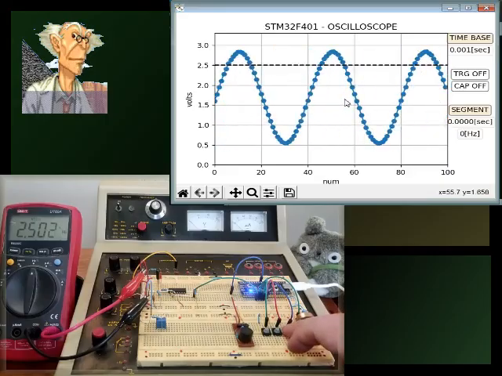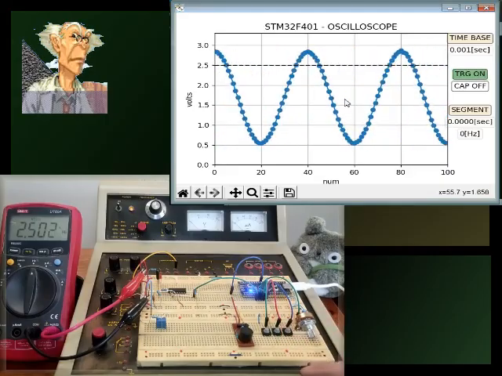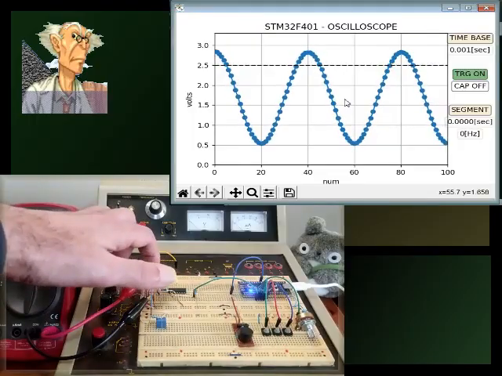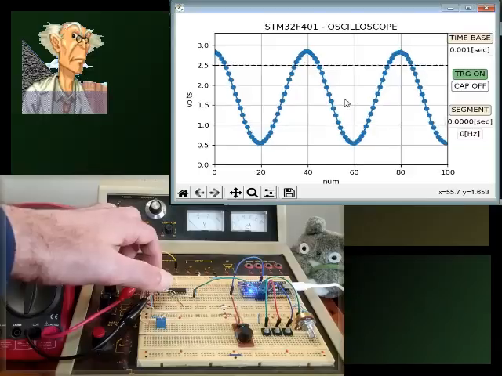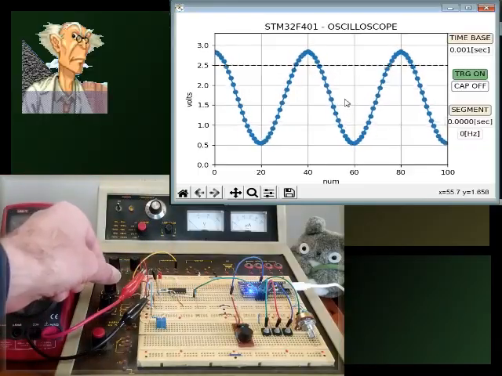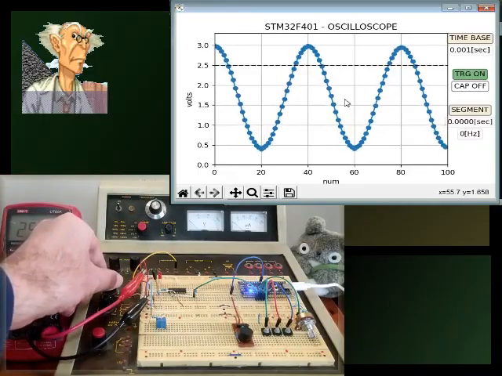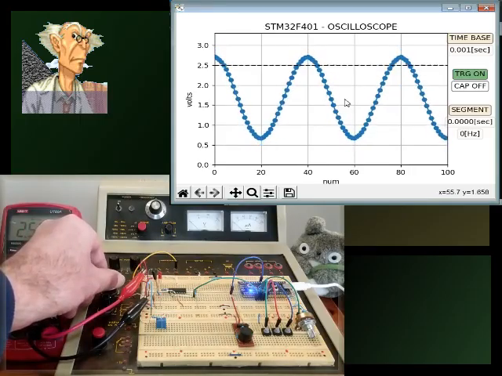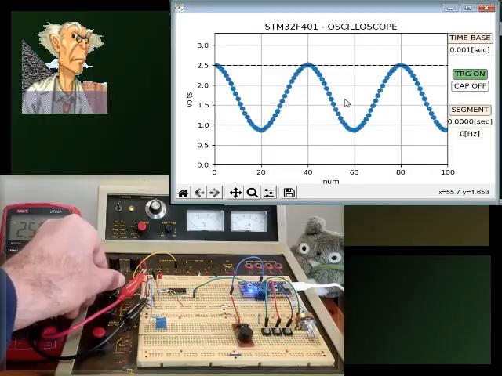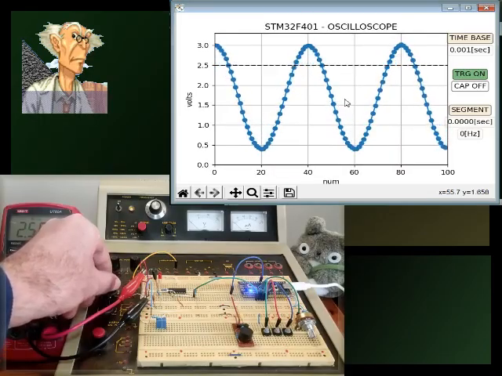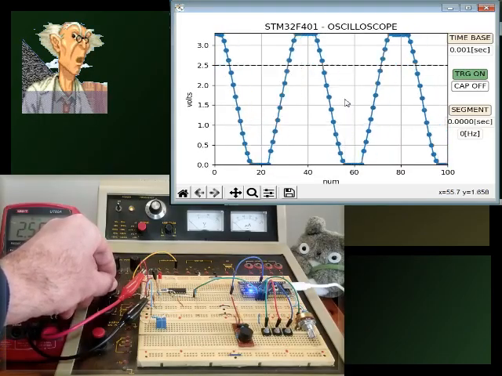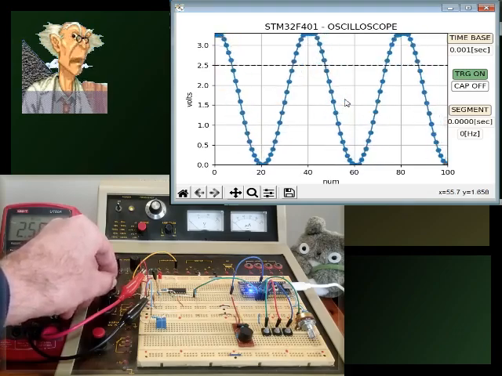Let's see how the circuit reacts when we increase the signal amplitude. When the amplitude is high enough, the protection kicks in at the saturation point.